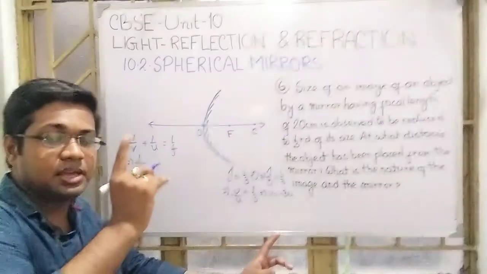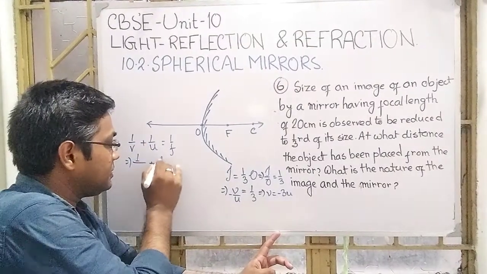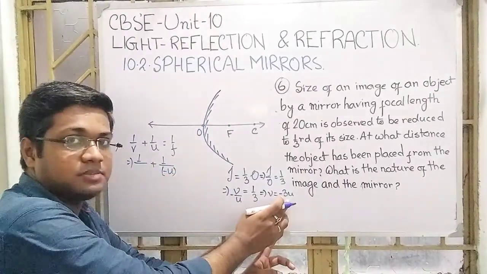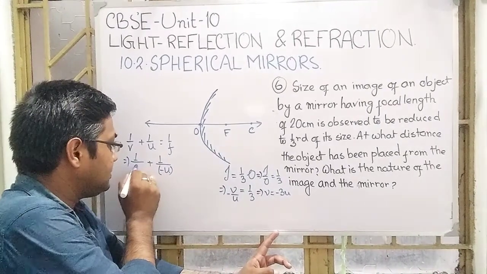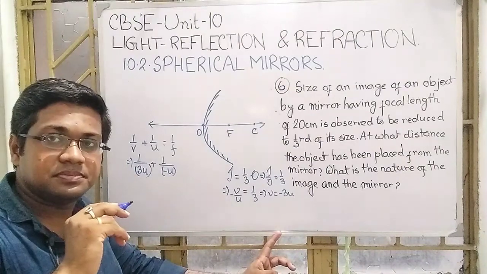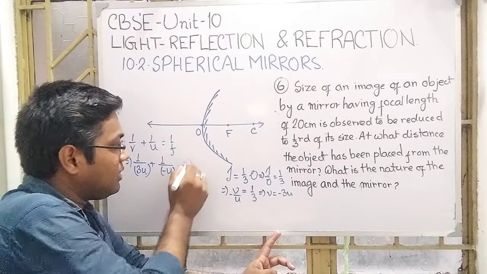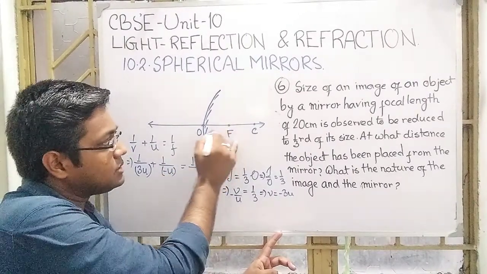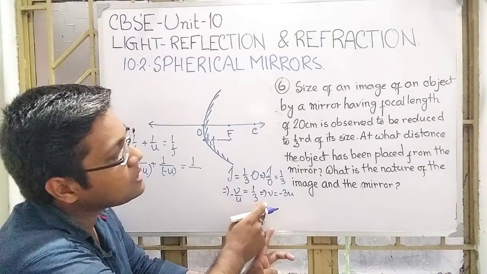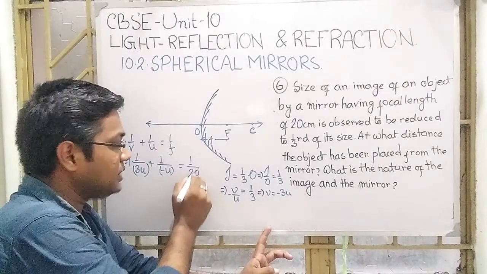If I consider u is negative and place minus u here, then it will be 3 by u plus 1 by f. What is the value of the focus? The focus is 20 centimeter, and obviously it is positive.